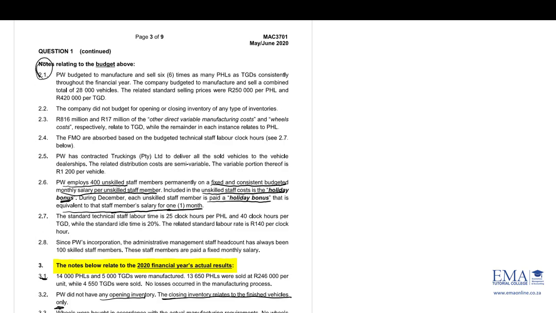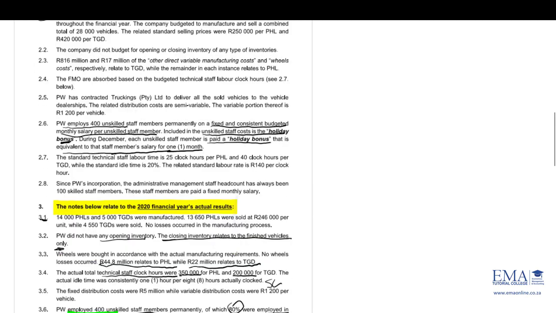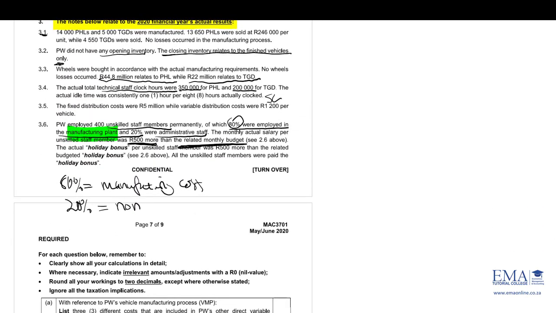So we've got two things to do here. First of all, there was a salary increase of 500 for each and every staff member. Then they also said that there was an increase on the bonus. Okay, so let's work with the information here. First of all, there's this 500, which is the increase, right? They said the monthly actual salary pay per unskilled staff member was 500 more than the related monthly budget, so it increased by 500.